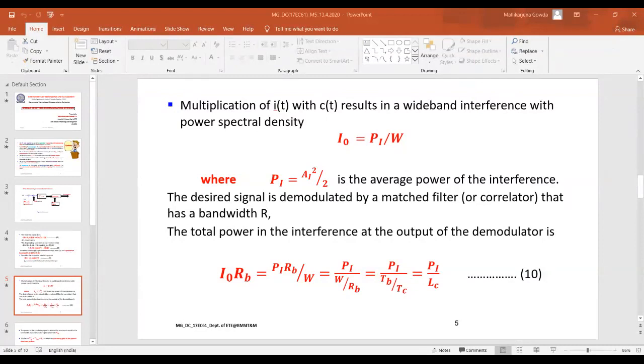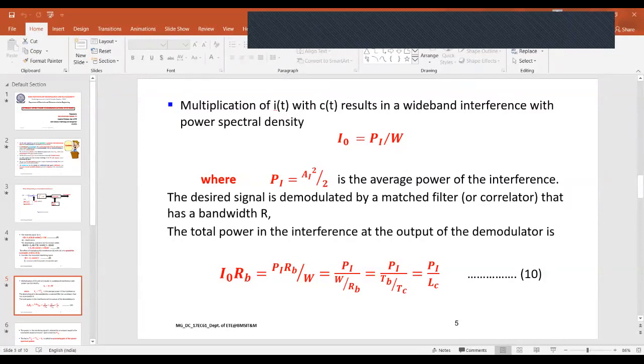So the desired signal is demodulated, as I said, either by using matched filter or by using correlator. Right? That has the bandwidth of R Hz. So the total power in the interference at the output of the demodulator can be written as I naught into R_B.